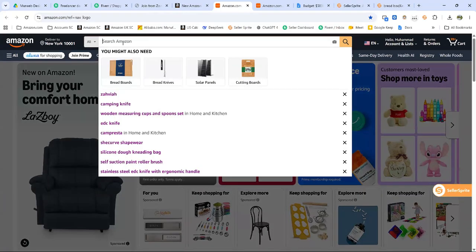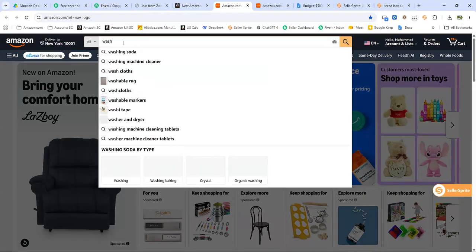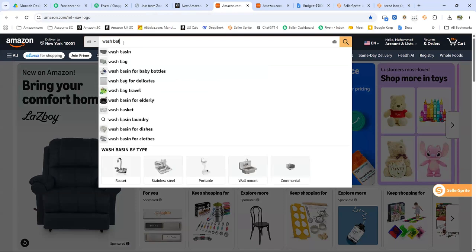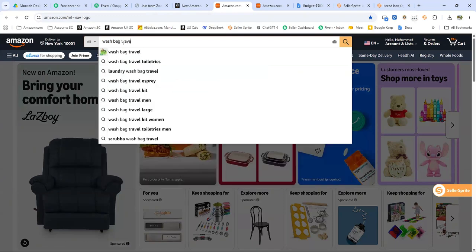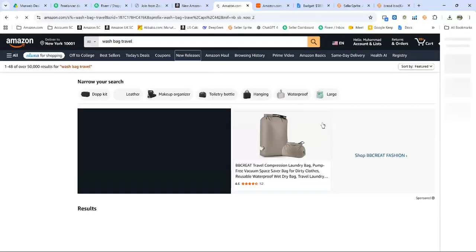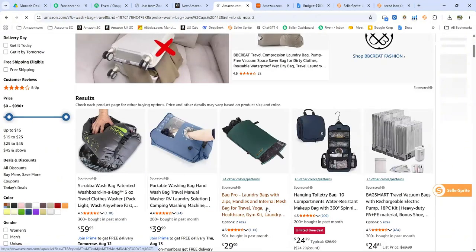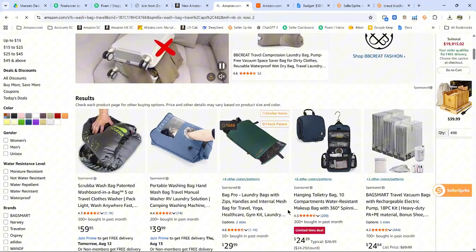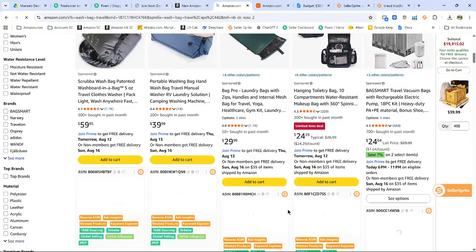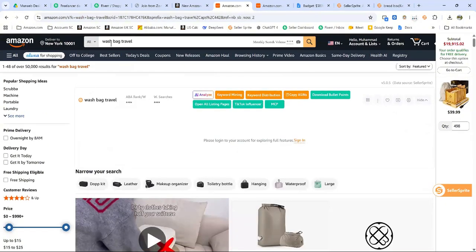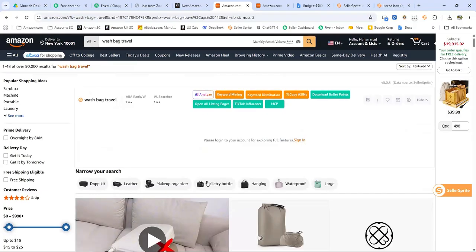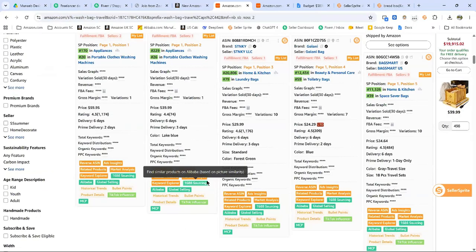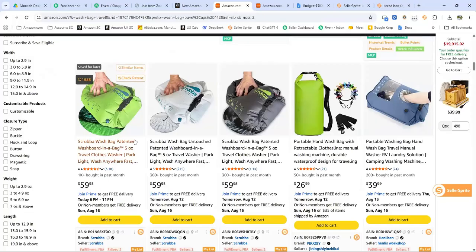Let me give you an example. It's like you're copying somebody's stuff, so you should not copy somebody's design. As you can see, if I search the product in the US market, wash bag for travel, you will get this brand, mostly Scruba.